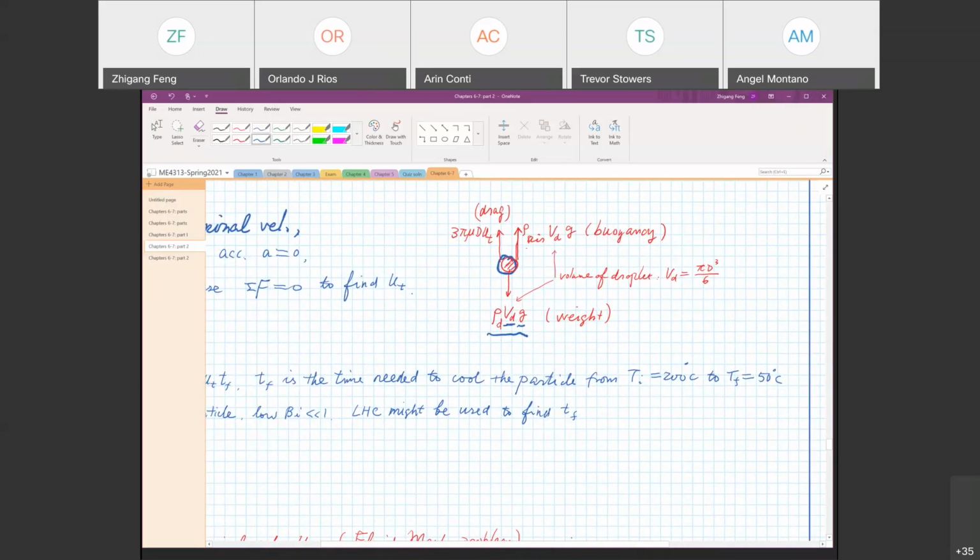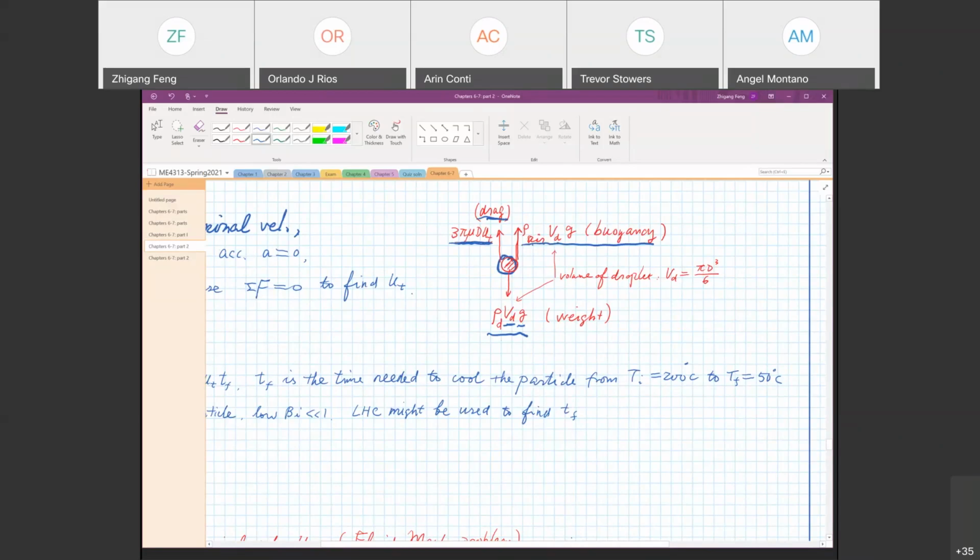The force pointing upward is the buoyancy force, equal to the density of the air multiplied by the volume of the droplet multiplied by the gravitational acceleration g, plus the drag. The drag is opposite to the flow direction, so it's pointing upward. We assume the flow has a low Reynolds number, so the Stokes drag is applicable.